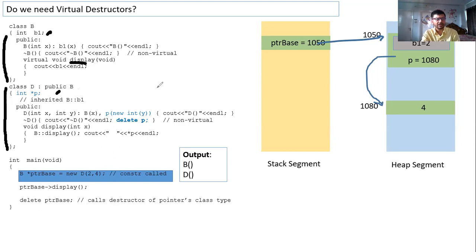So that is what it is. In the constructor of B, whatever you pass during construction will be used to initialize B1. It will display the constructor name. The destructor also is trivial. It will display the destructor name, nothing meaningful here. The display will try to display the value of B1 that it has got.